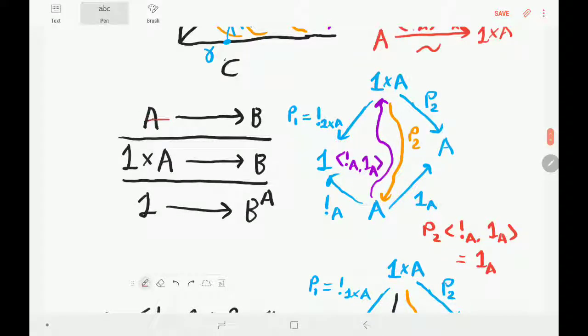So we have this a here is isomorphic to 1 times a.